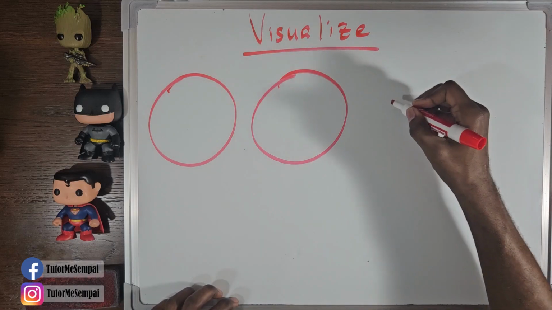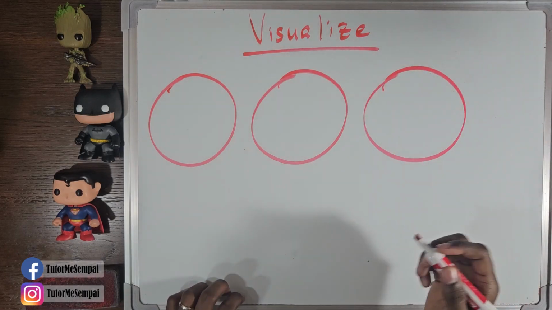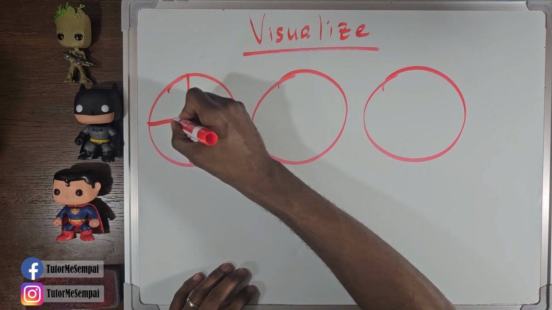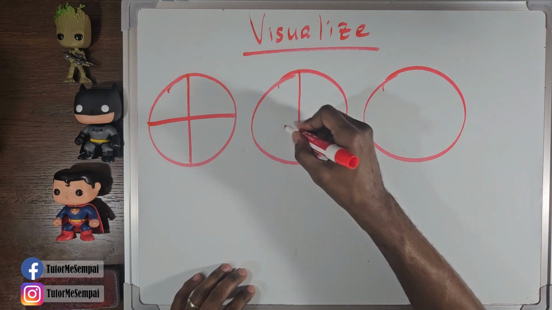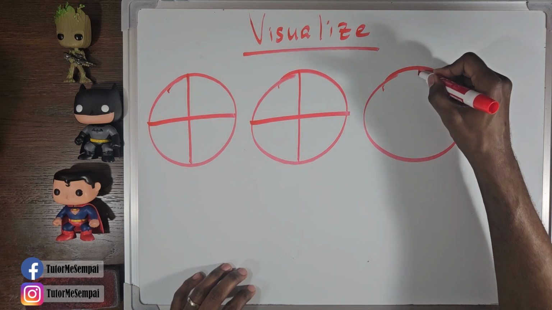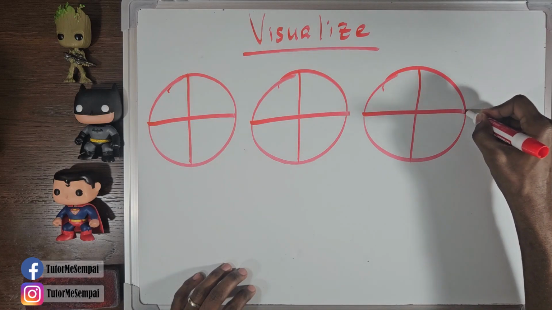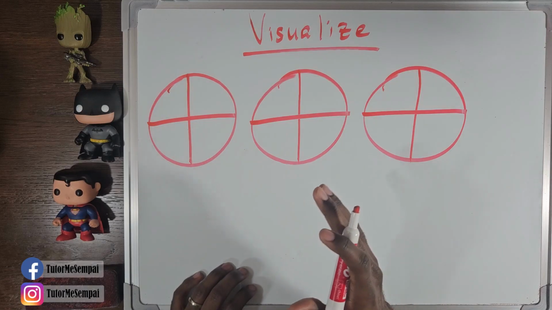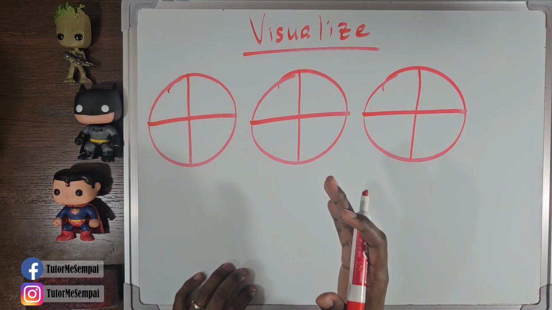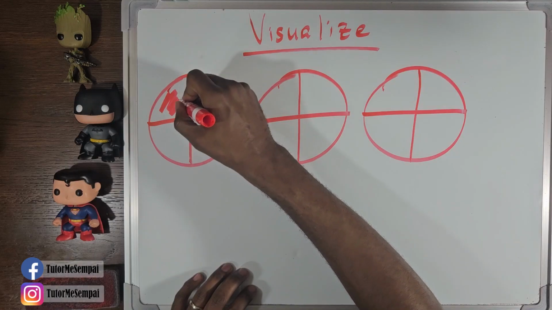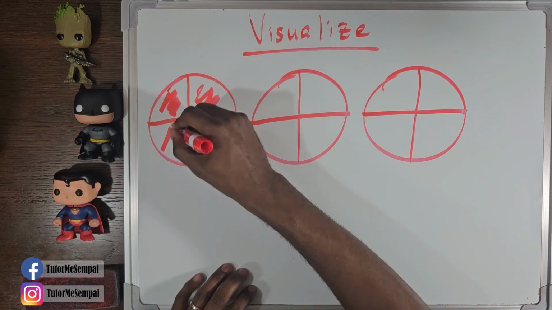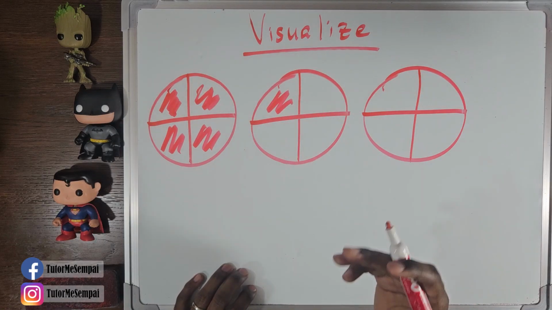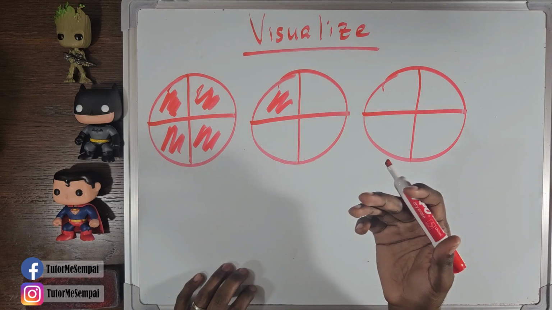So I'll say 1, 2, 3 pizza pies, and each one of them is going to be cut into 4. Now, I'm really, really hungry. Instead of just eating the 1 slice before, I'm going to eat 1, 2, 3, 4, 5 slices.